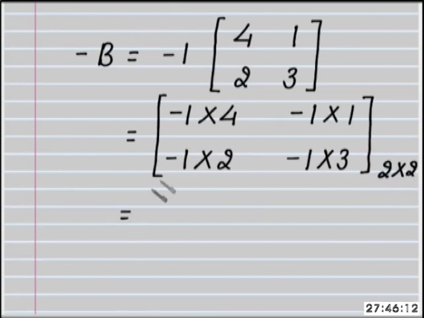So it is equal to square matrix having first two elements as -4 and -1, second two elements as -2 and -3.